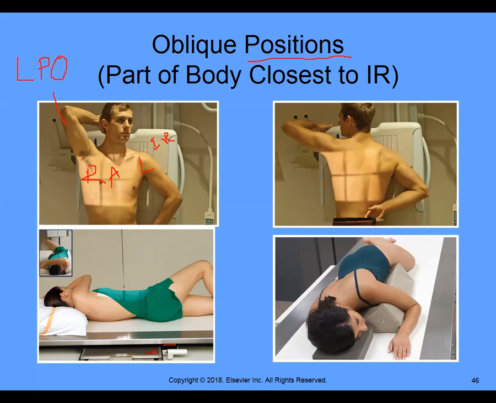If we look at this patient down here, picture number 2, again, I have to identify first right and left. So this is her right. Down here is her left, or on the other side. So again, she's lying down on her left side. This is your image receptor right here.